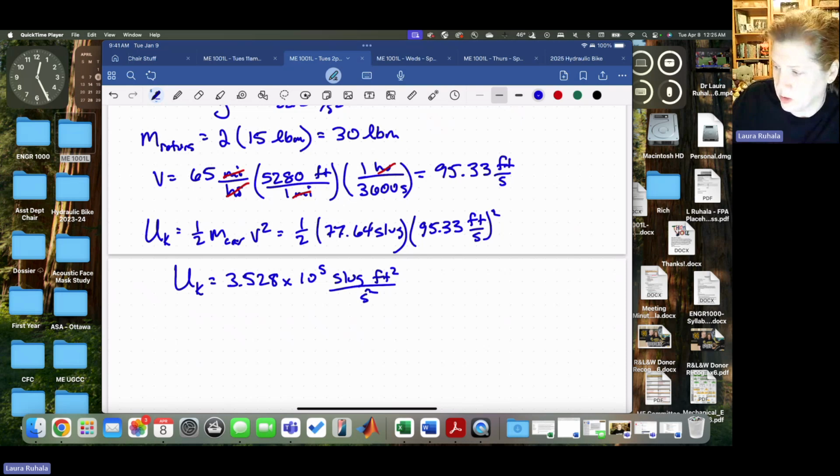All right, so what are we going to do about that? Well, remember weight is equal to mass times gravity. Just looking at the units, I would have pound is equal to slug times foot per second squared. So what am I going to have?